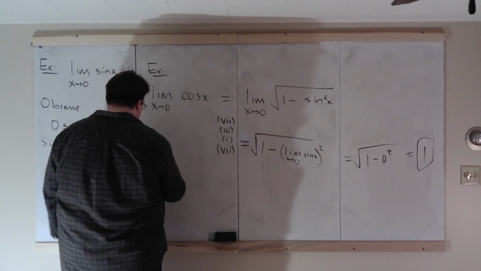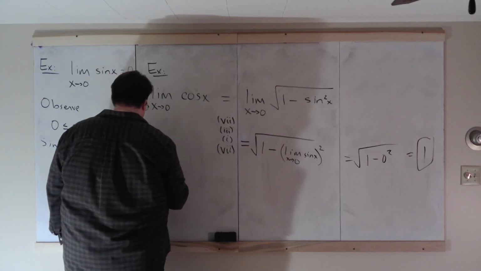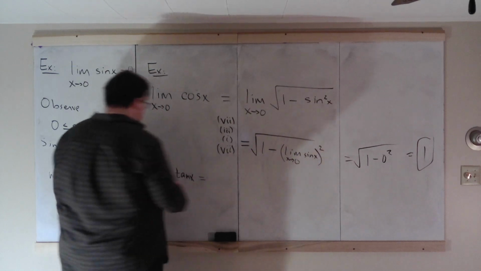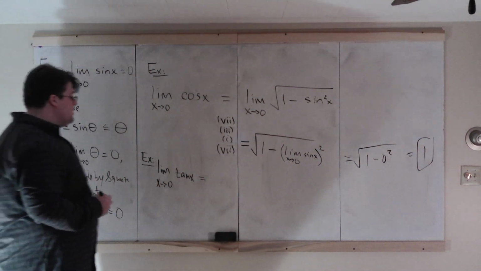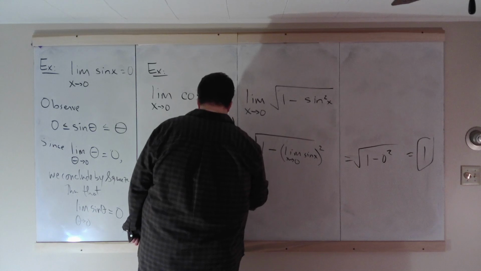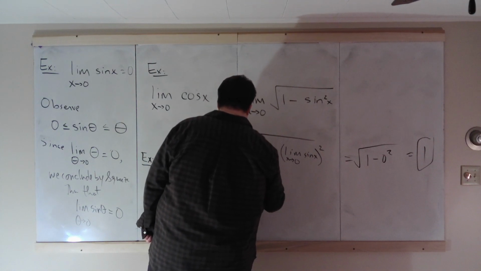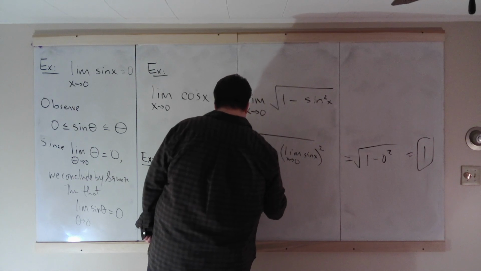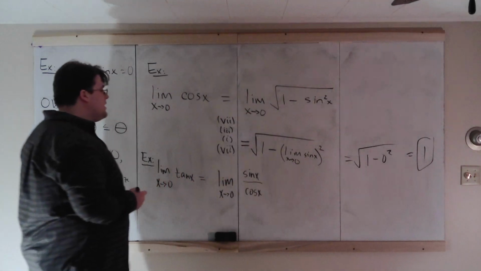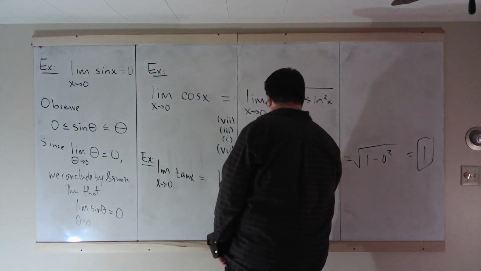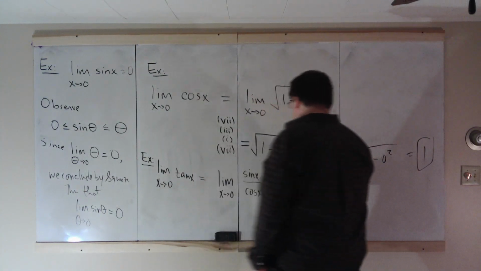Well, we have sine and cosine now. We can also do tangent of x. The limit as x approaches 0 of tangent of x. Well, tangent of x, remember, is just sine of x over cosine of x. And we have the result for sine and cosine. So we can compute this limit using algebraic limit rule 6.